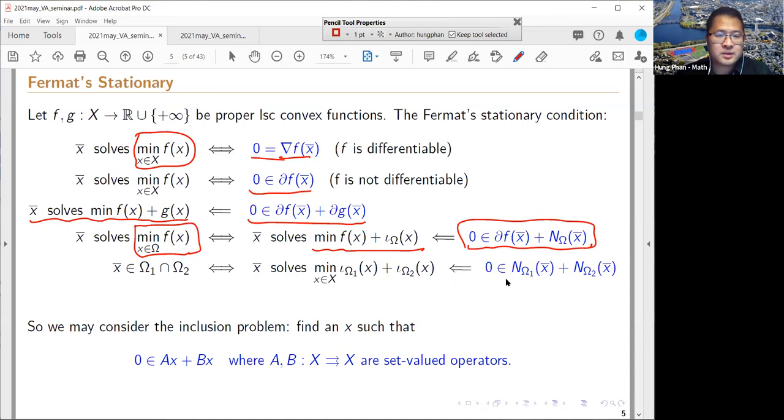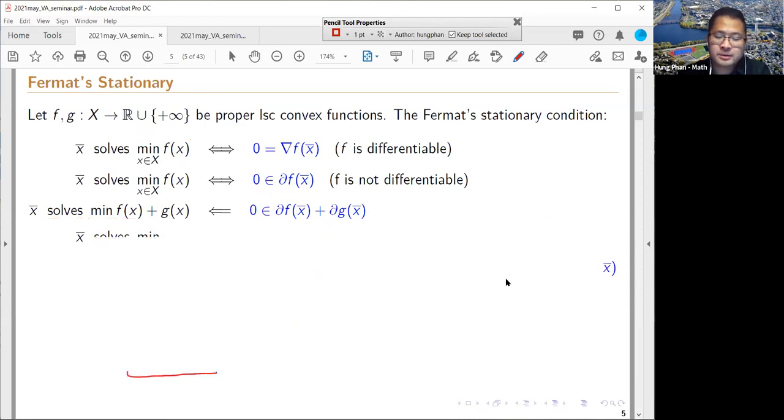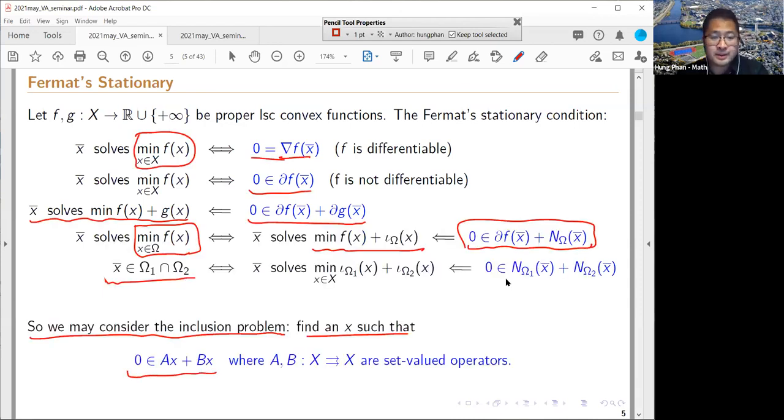Of course, this also applies to the problem of finding a point in the intersection of two sets. So all of these are related. In general, we may consider an inclusion problem, which seems convenient for many classes of problems. We will consider the inclusion problem of finding an x such that 0 belongs to the set Ax plus Bx, where A and B are just set-valued operators.